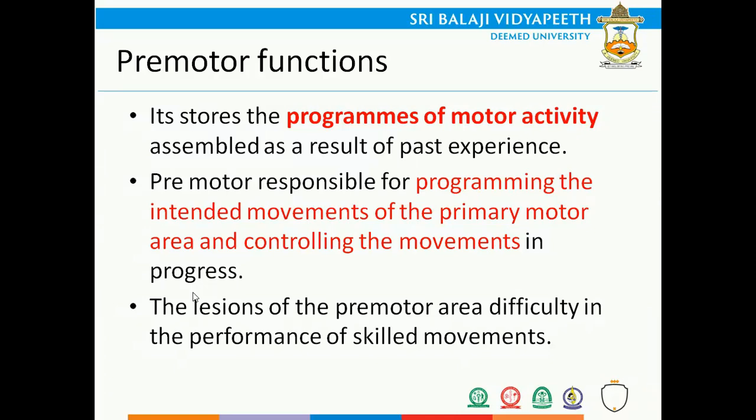So here the sensory cortex receives the temperature and sends responses to the motor cortex, and the motor cortex directs the musculature of the hand to be removed immediately so that further heat is prevented. So here there is programming of the intended movements. Whenever there is a lesion of the premotor area, there is a difficulty in performing skilled movements.